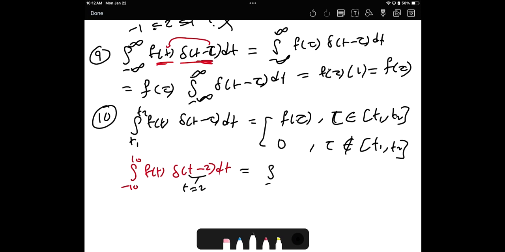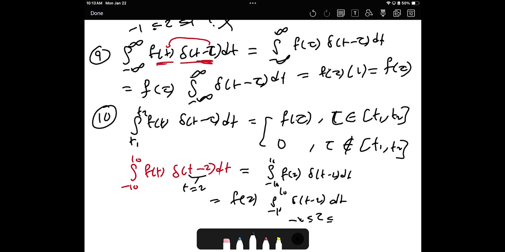Therefore, it will be the integral from negative 10 to 10 of f of 2 delta t minus 2 dt, which is f of 2 times the integral between negative 10 and 10 of delta t minus 2 dt. Since 2 is between negative 10 and 10, therefore it will be f of 2. Or you can apply property 10 directly.